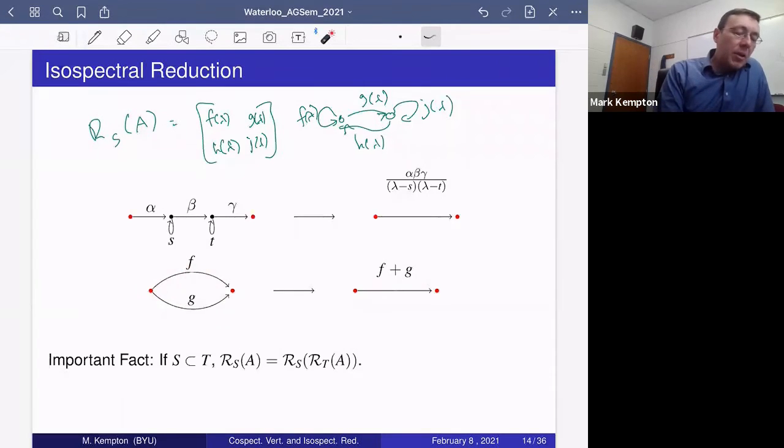And then an important fact here is that if I have two subsets of my vertex set, one nested inside the other, then the reduction onto the smaller subset is equal to first reducing down to the bigger subset and then further onto the smaller subset.